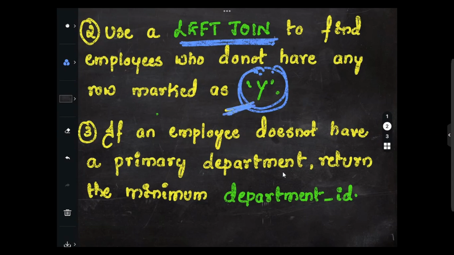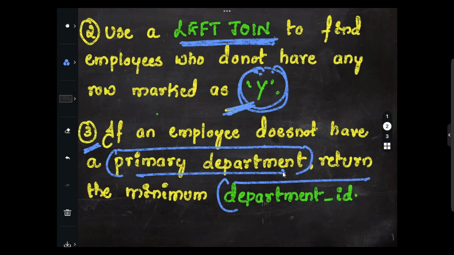The third step here is if an employee doesn't have the primary department, we will return the minimum department ID. In example one, the employee with ID 1, if you remember, didn't have a primary department.